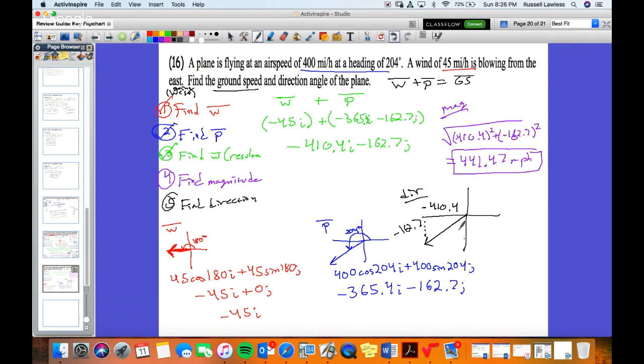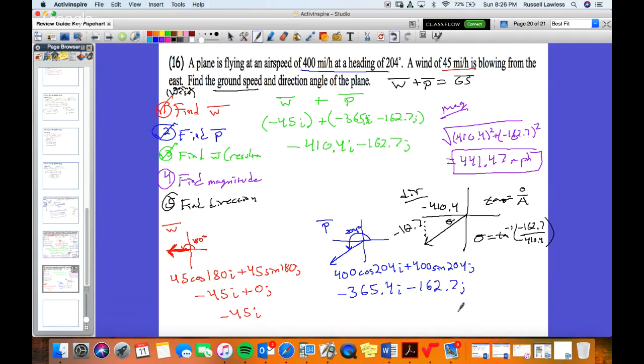162.7. And so to calculate the direction of this vector, I'm looking for this angle here. I'm going to use tangent because tangent is opposite over adjacent. And so the angle will be the tangent inverse of negative 162.7 over negative 410.4.